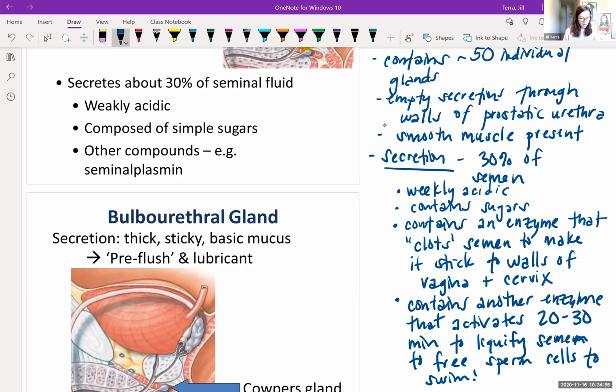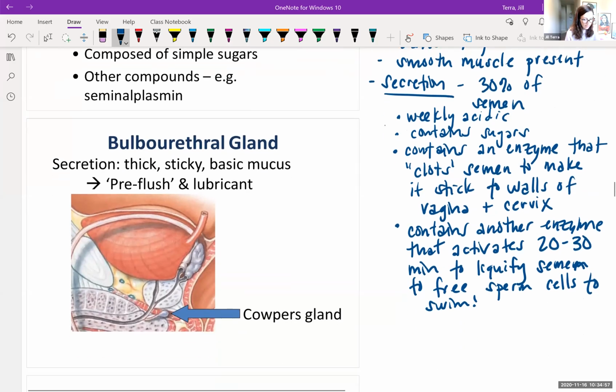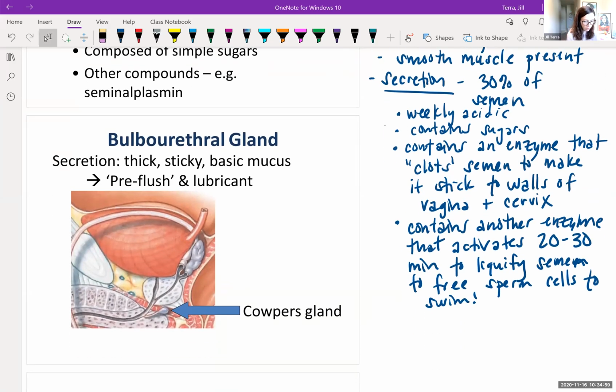which are these little glands that sit below the prostate gland here and have a little duct that feeds into the spongy urethra down here at the root of the penis. So what we're looking at here is the penis, and the root of it we can see starting all the way internally here.